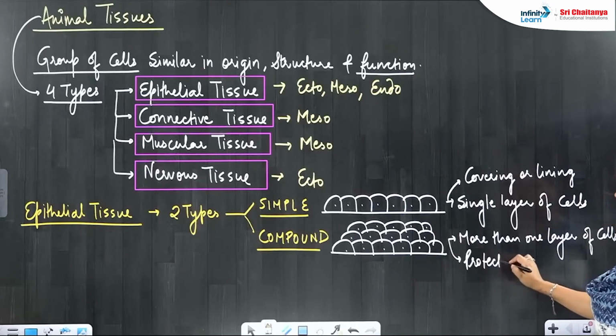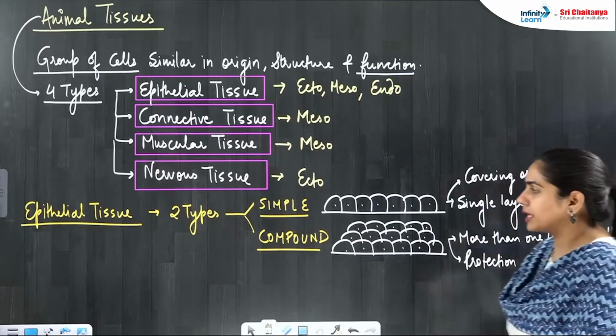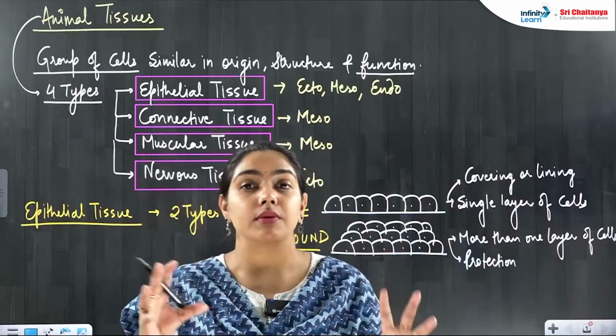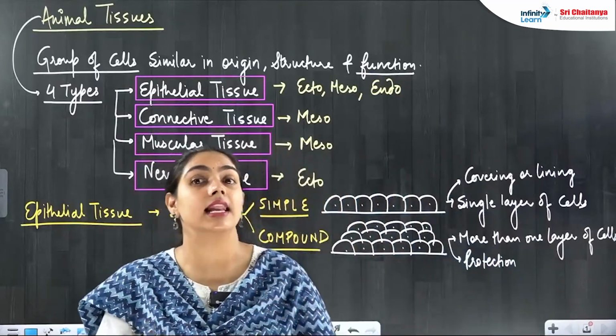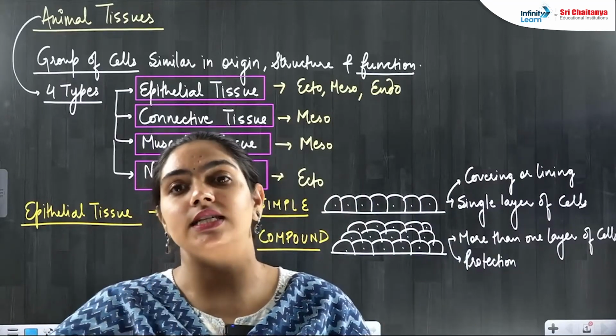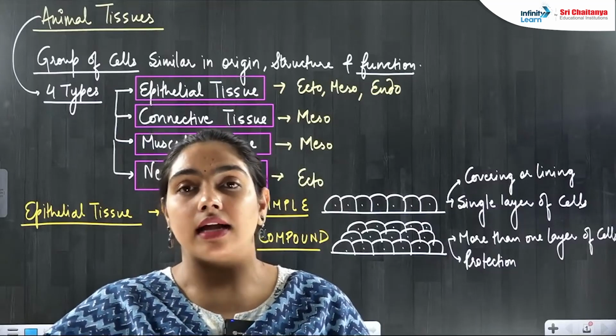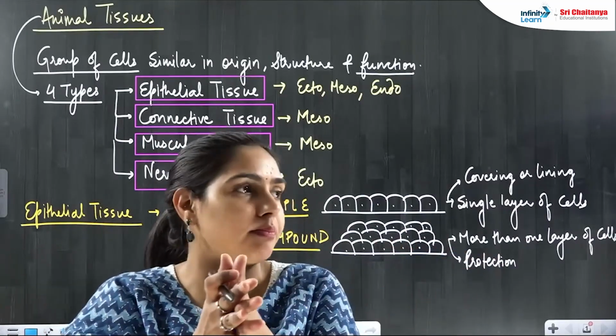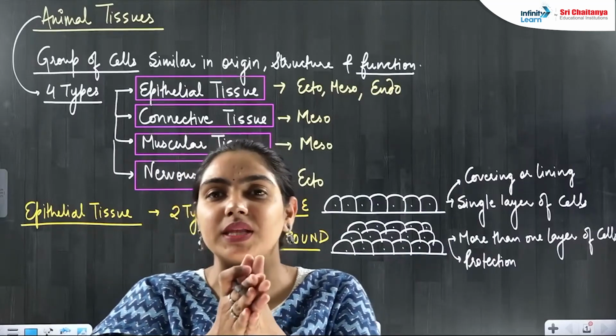Do you remember all these things? In epithelial tissue, there is very little intercellular space and very little intercellular substance, and the cells are very compactly packed.